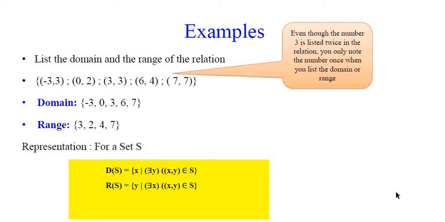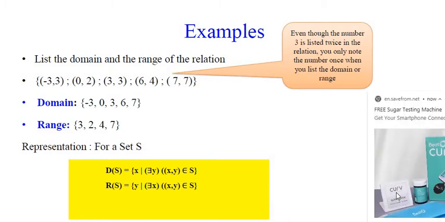Even though the number 3 is listed twice in the relation, you only note the number once when you list the domain or range. Okay. So the domain is minus 3, 0, 3, 6, 7, and the range, the second numbers, is 3, 2, 4 and 7.